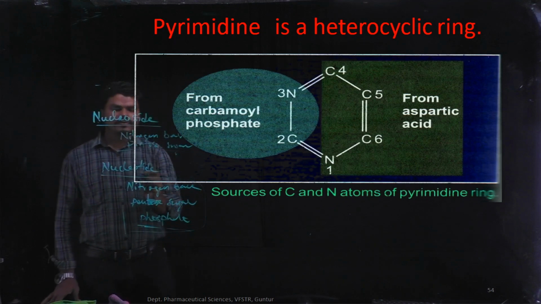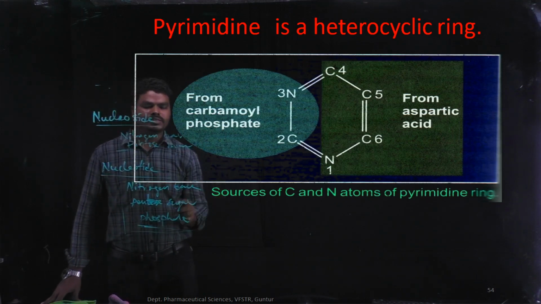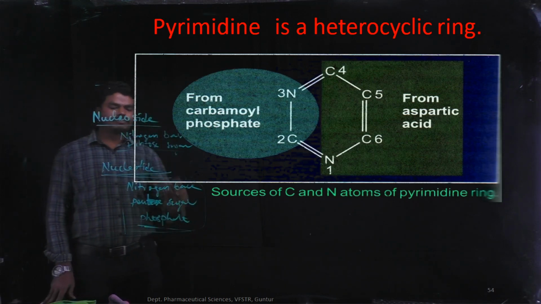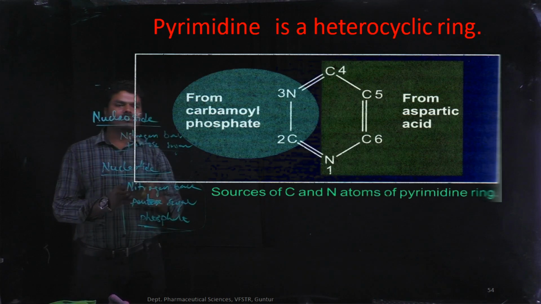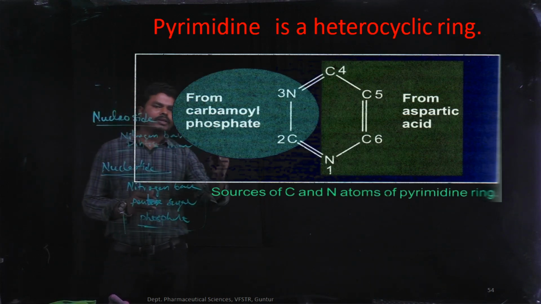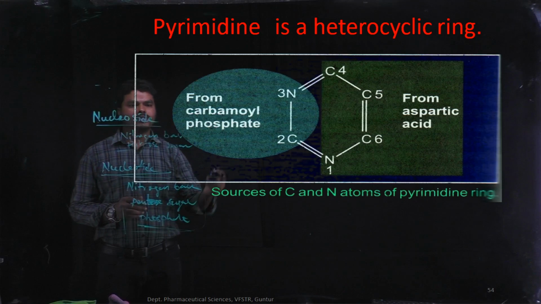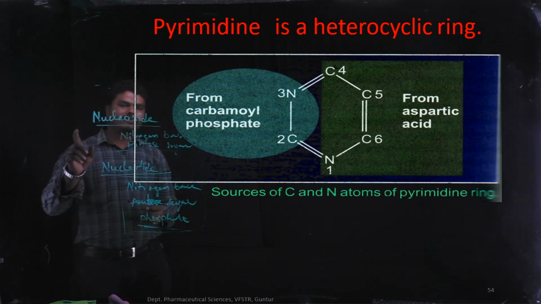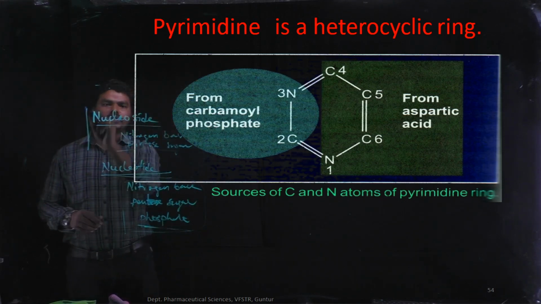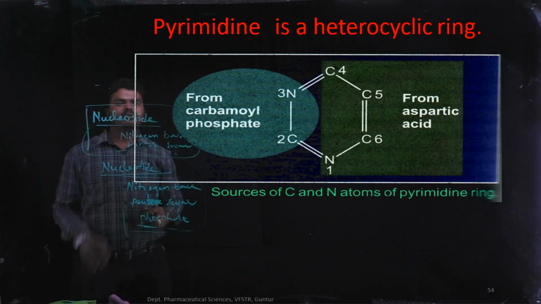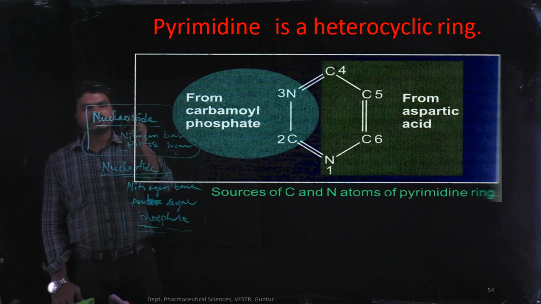In de novo synthesis, the nucleotides are built up from the pentose sugar. That means on the pentose sugar molecule, the pyrimidine molecule is constructed by obtaining carbons and nitrogens from different molecules. But in the salvage pathway, the nucleotide is produced by using the nucleoside, which is obtained from a dietary source or is available in our body.